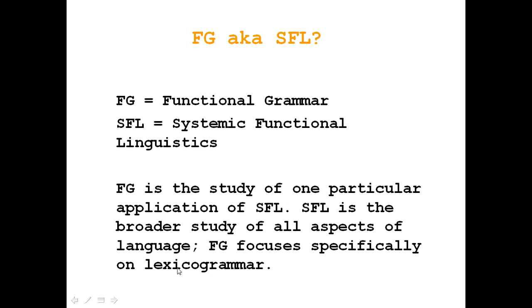Just one word, lexicogrammar, and this is because functional grammar sees lexis and grammar as impossible to separate. They're one thing. We'll see during this course that the two are really impossible to separate. They're one. So vocabulary and grammar should be seen as one.